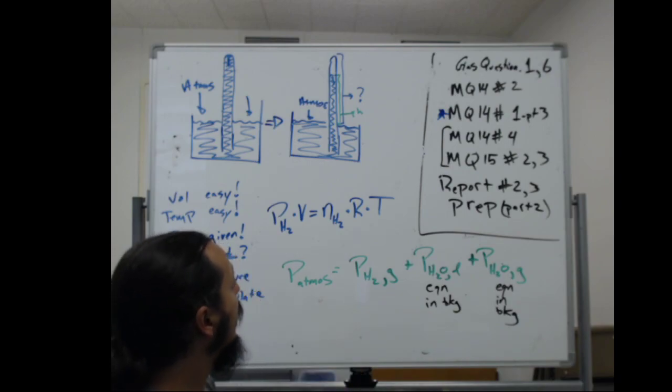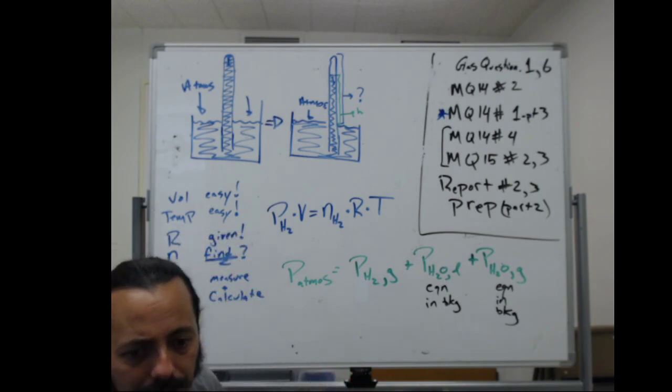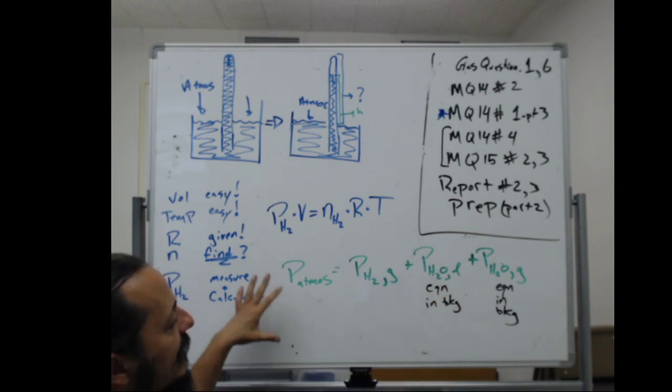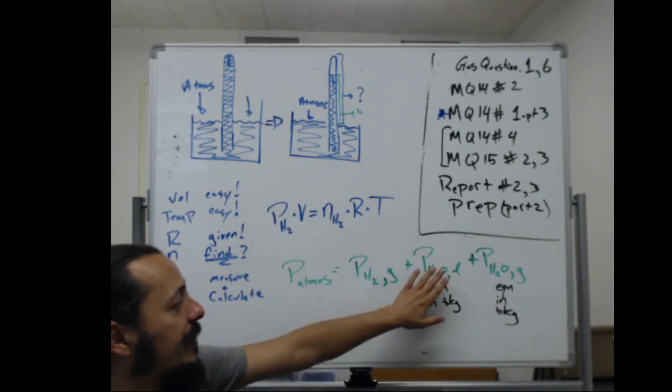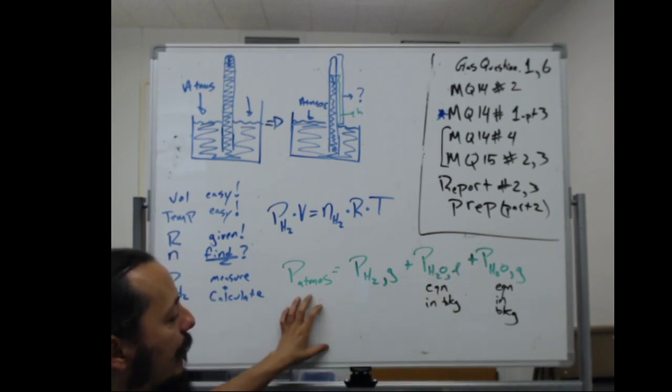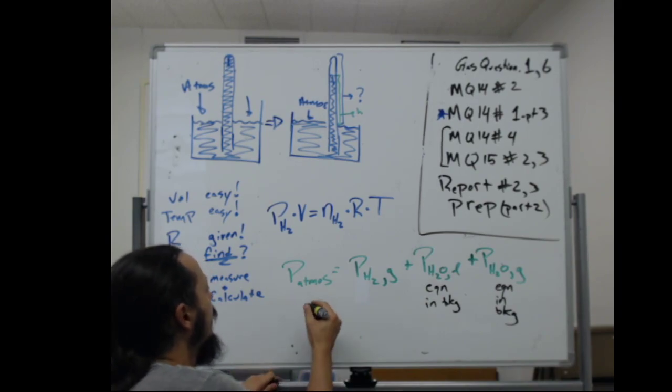So at this point, it's very much just a matter of plug and chug, right? After we've done this kind of conceptual work, we can isolate our H2 gas. We're just going to subtract these 2 things from our atmospheric pressure, where the atmospheric pressure is measured.